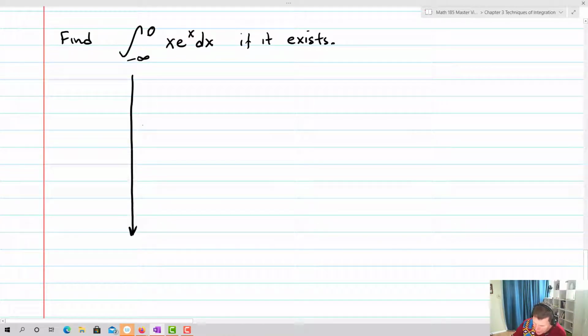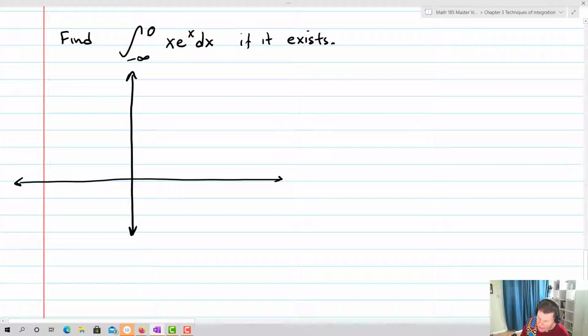All right, so what I want to do is imagine what this function looks like. It's an exponential function, and it rockets up very high very quickly, right? It increases really quickly because it's an exponential times the value of x.